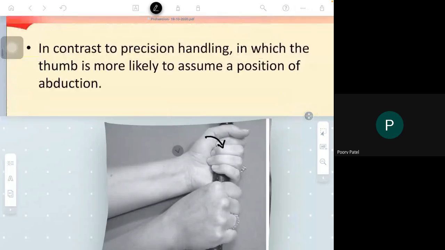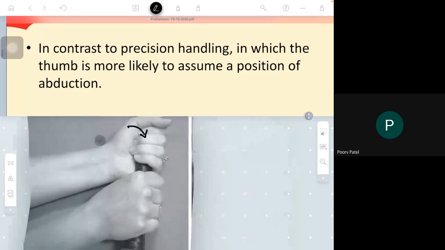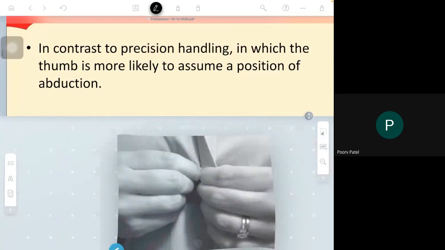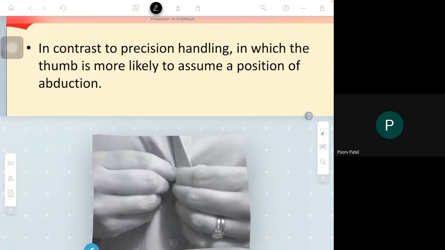In contrast, in precision handling, the thumb is more likely to assume a position of abduction. Here you see, when you are putting a button, thumb will be in the position of abduction. You can try it. It will be in abduction position.